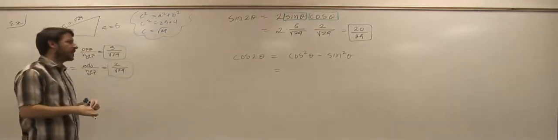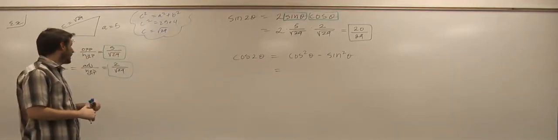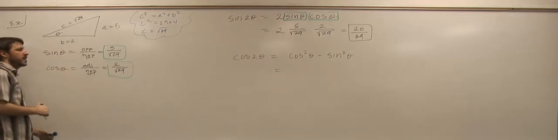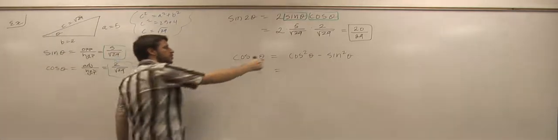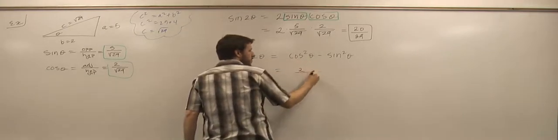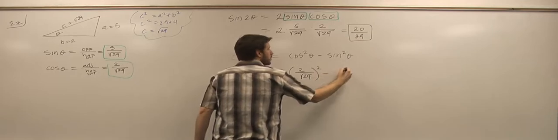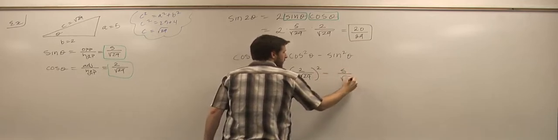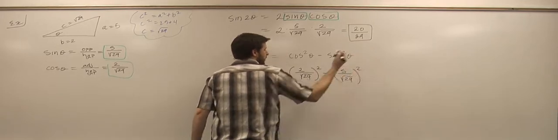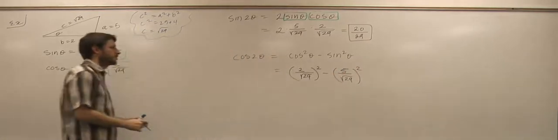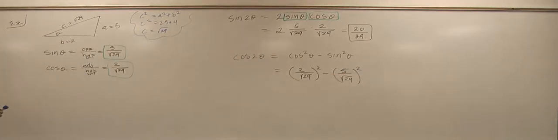I can do the same thing to find cos of 2 theta. I take cos squared theta minus sine squared theta. So I put 2 over root 29, and square it, minus 5 over root 29. And square it. So you just plug it in.